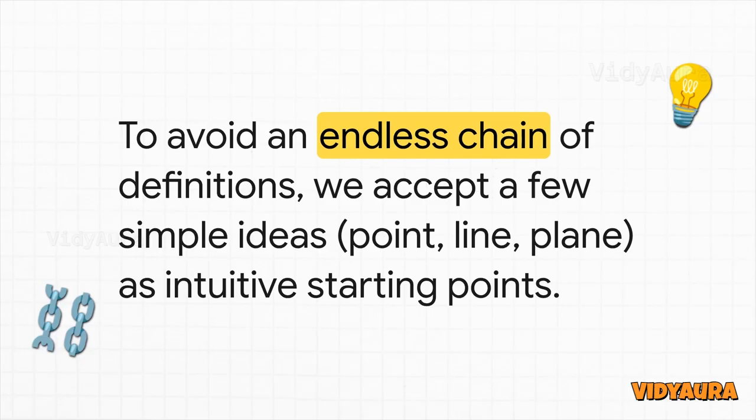If a point has no part, you'd have to ask, well, what's a part? Then you'd need a definition for that, and you'd have to define the words in that definition. See? It never ends. So to avoid this, mathematicians just agree that a few simple ideas, point, line, plane, are our intuitive starting points. We all kind of know what they are, so we just accept them and build from there.